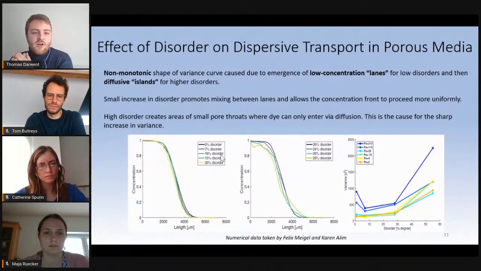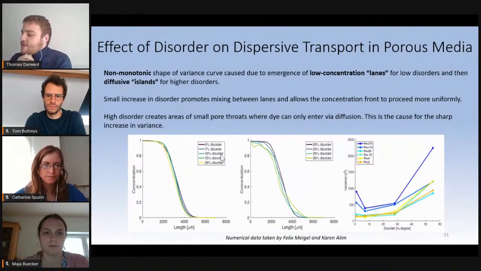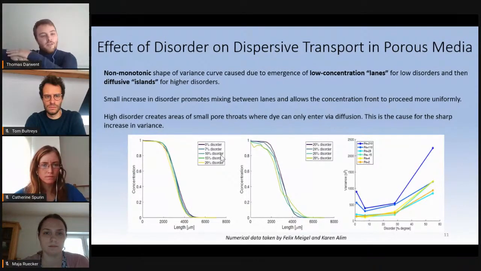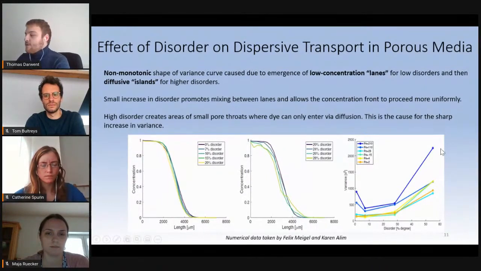This is now still ongoing. We are finalizing the experimental results for this, but what seems to be happening from the numeric side, at least, is that there's a non-monotonic trend in the width of that front. If you measure along the front of the fluorescein dyed water invasion, the variance first decreases with increasing disorder, but then actually increases again with increasing disorder.